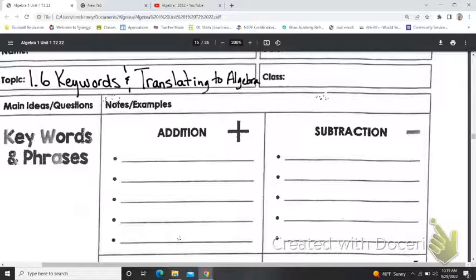You've been introduced to it, and it's almost a second language to you already. But we're going to go through some of this to help us take certain keywords and also certain situations and translate those into expressions and then equations and inequalities.